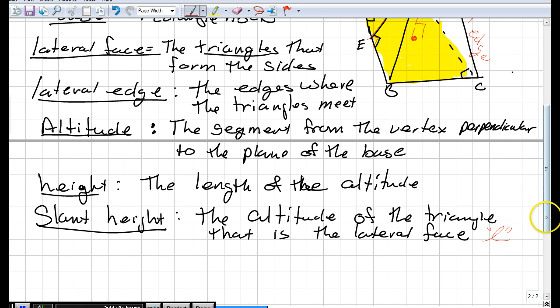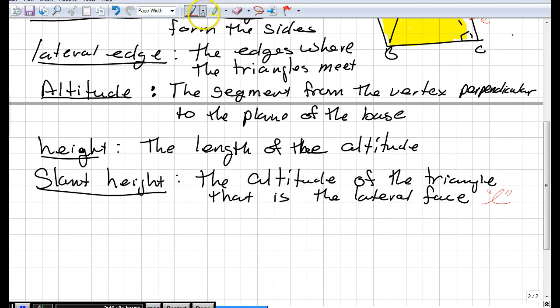Then we want to talk about a regular pyramid. A regular pyramid is one whose base is a regular polygon.